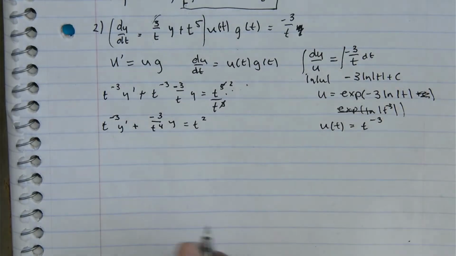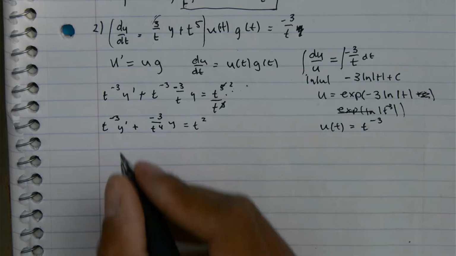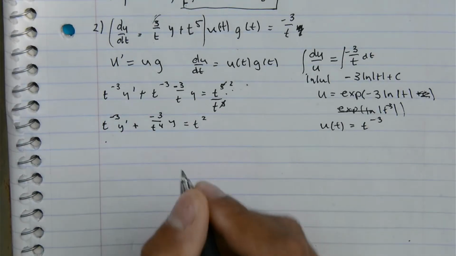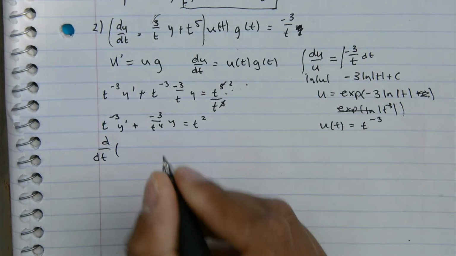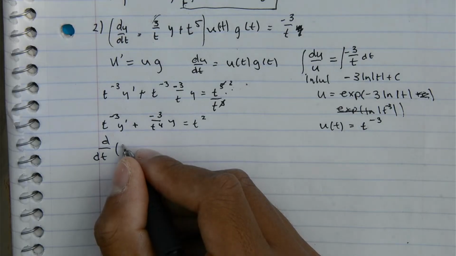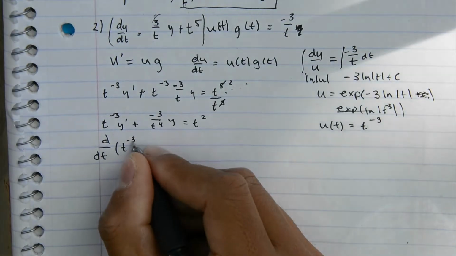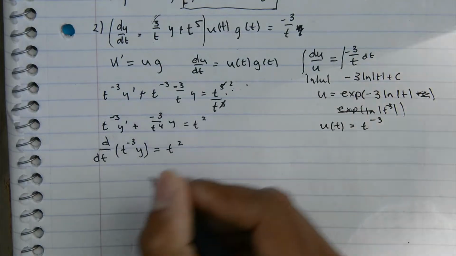Okay, so then the last part of this is d dt of t to the minus 3 y is equal to t squared. So we integrate both sides with respect to t.